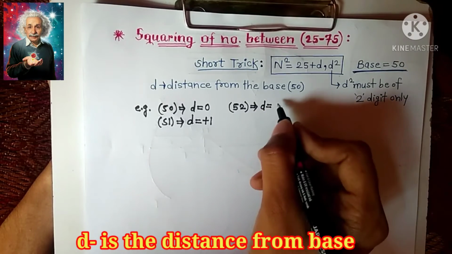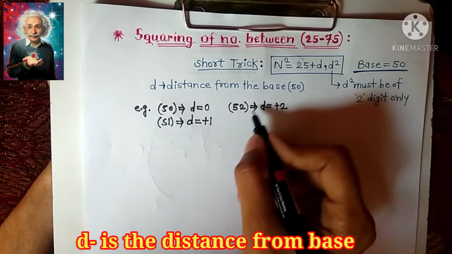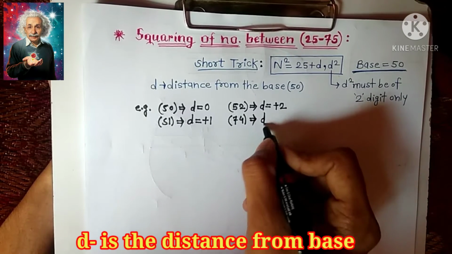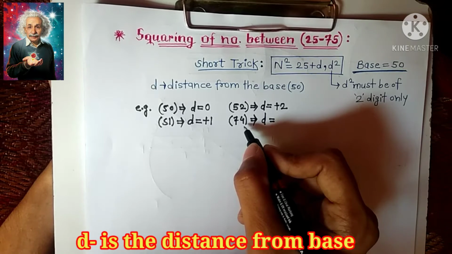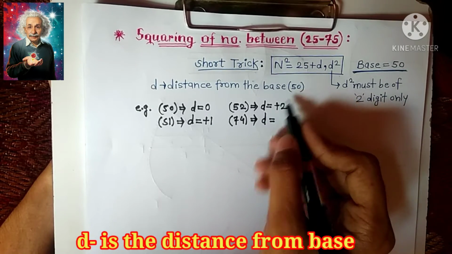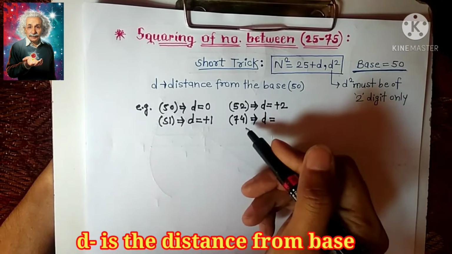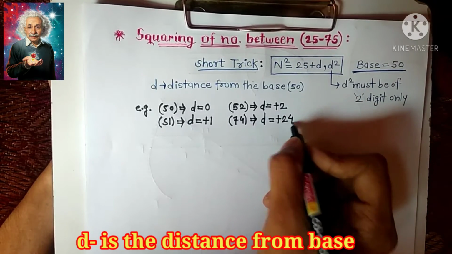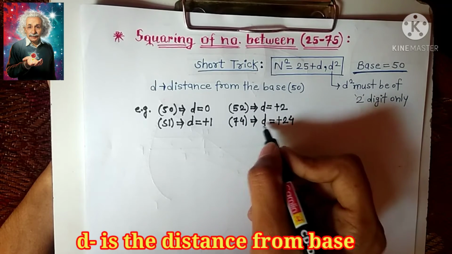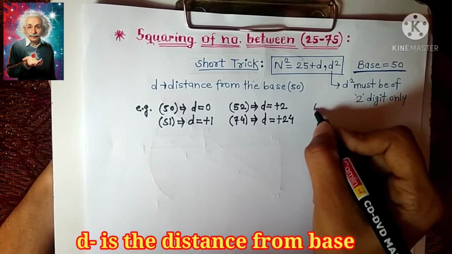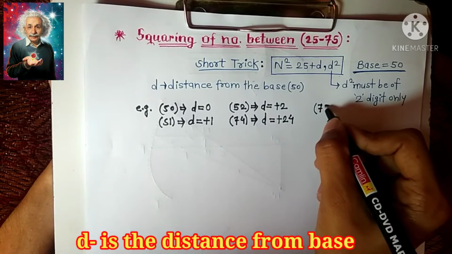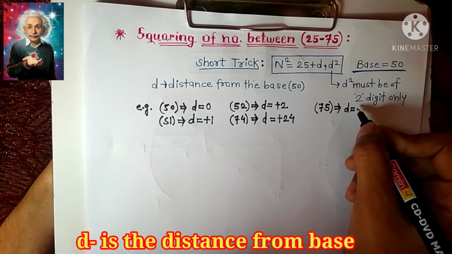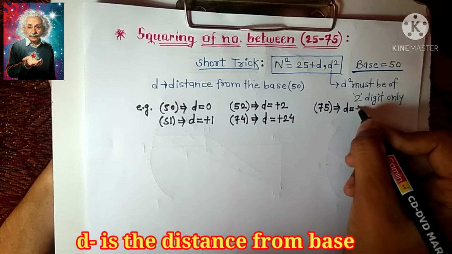The value of d is here plus 2. If we take 74, then what is the value of d here? Since d is the distance from base 50, to obtain 74 from 50, we have to add 24. So, for 74, d is plus 24. If we take 75, then what is the value of d? Here the value of d is plus 25.